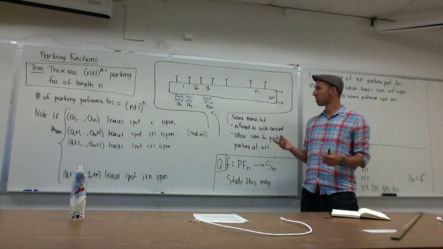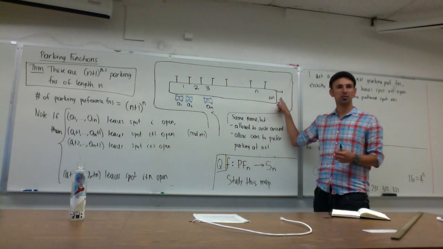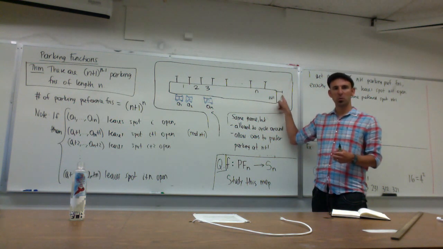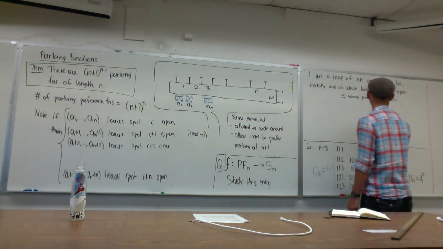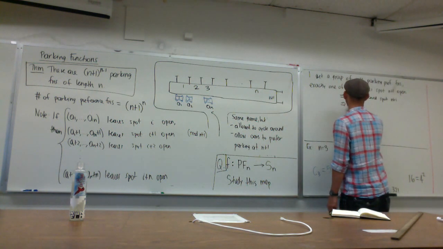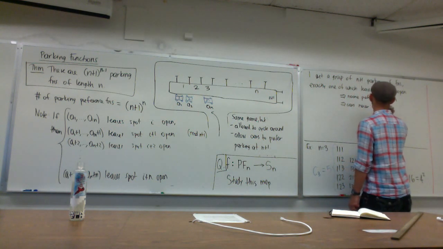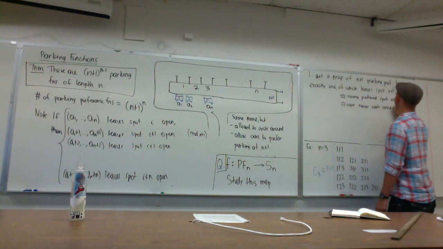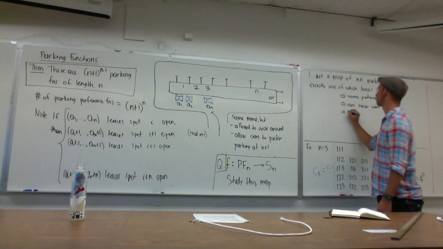Well, nobody cycled around because the only reason you cycle around is if you passed n plus 1 and that was taken. So if n plus 1 was never taken, that means that nobody ever had to go around. Cars never went around. And so this is a parking function, an honest parking function.